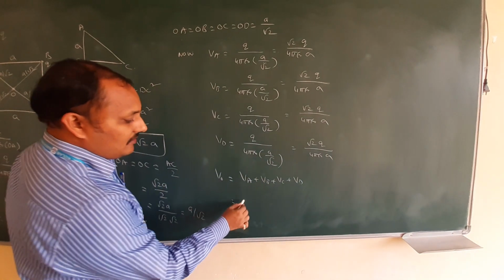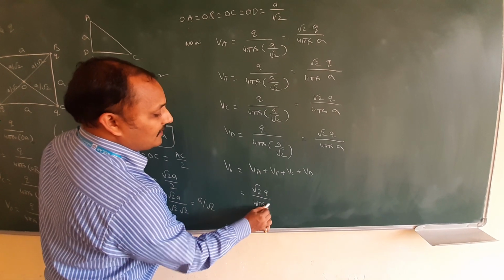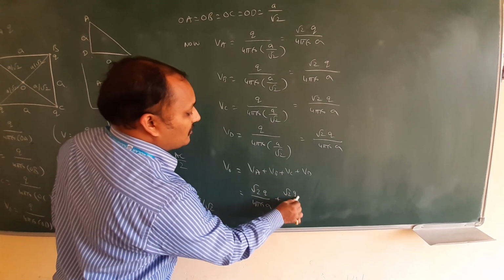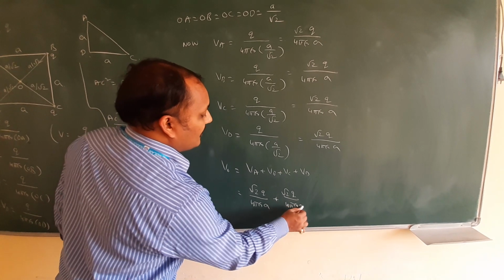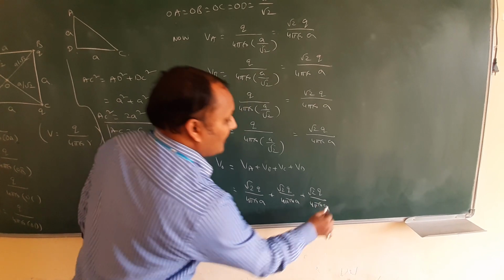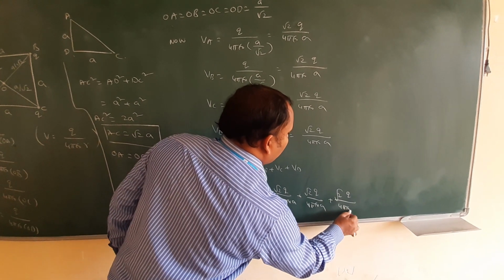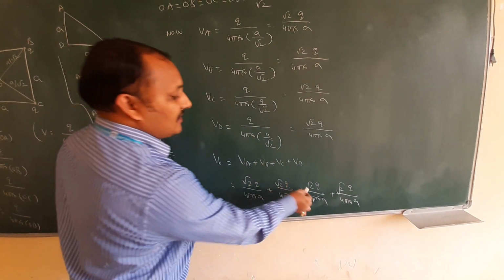All are the same. So root 2 Q by 4 pi epsilon naught A plus root 2 Q by 4 pi epsilon naught A plus root 2 Q by 4 pi epsilon naught A plus root 2 Q by 4 pi epsilon naught A. How many values are there? 4 values.